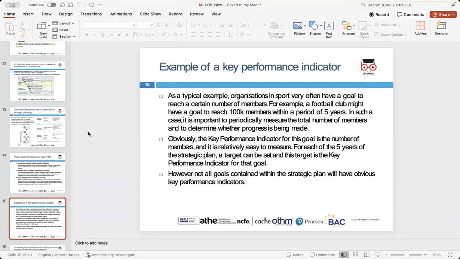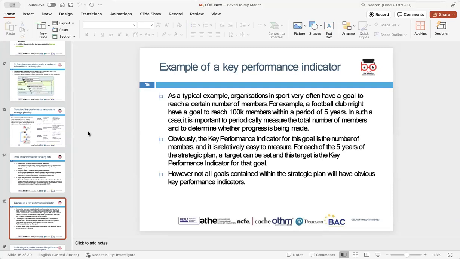Example of key performance indicators. In many sports organizations, a common goal is to increase the number of members or participants. For example, a football club may aim to reach 10,000 members in 5 years. It becomes necessary to regularly monitor the number of members to determine progress towards that goal.